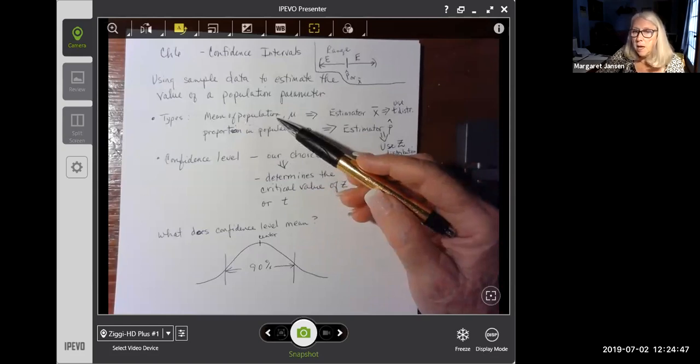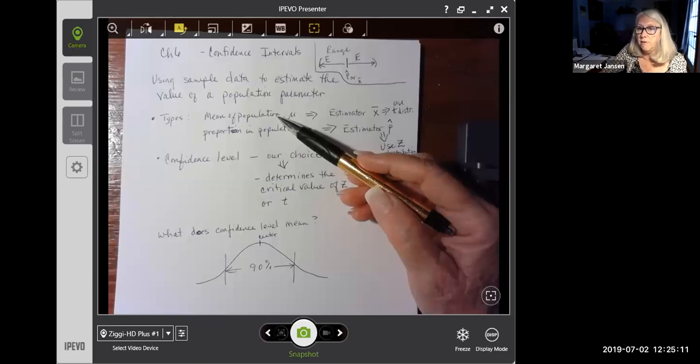And we would need to take a sample large enough for the estimate to be reliable. In any case, if we're trying to estimate the value of a population's mean, then the symbol we're using is mu, because that's the symbol for population mean. But the estimator we will use for the center of the confidence interval is x bar, the sample's mean.